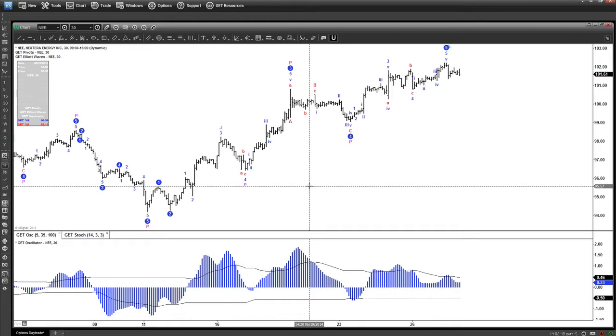Really, you can just forget about the fact that I'm looking at a 30-minute chart of NextEra Energy. You can take the prices off the screen, because as I get through my definitions of how the Elliott systems work and how you can trade them, we're going to take a look at all different types of charts. And I'm also going to take you into our system where we can scan for these different types of patterns and behaviors. So we can let this system find the trades for you as the markets are trading.